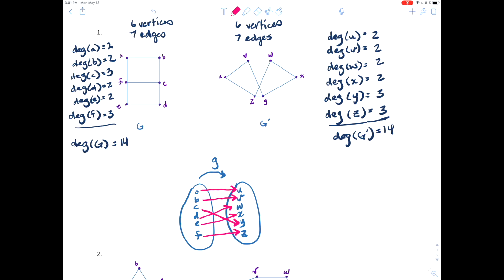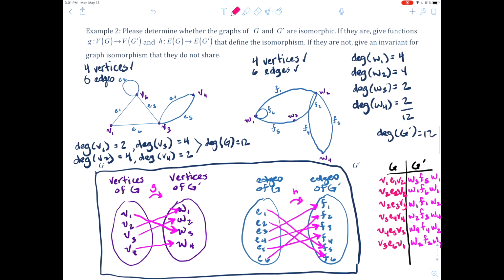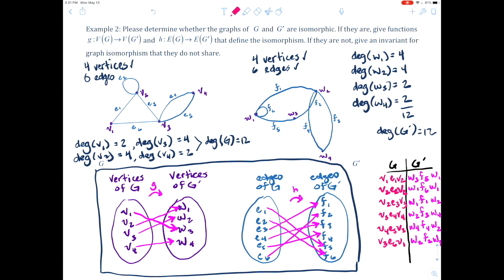Now the reason that we don't have to do the edge correspondence here is because a simple graph doesn't have any loops or parallel edges. So you're not going to have as much trickiness as we had with the other ones. The previous example had parallel edges going on.